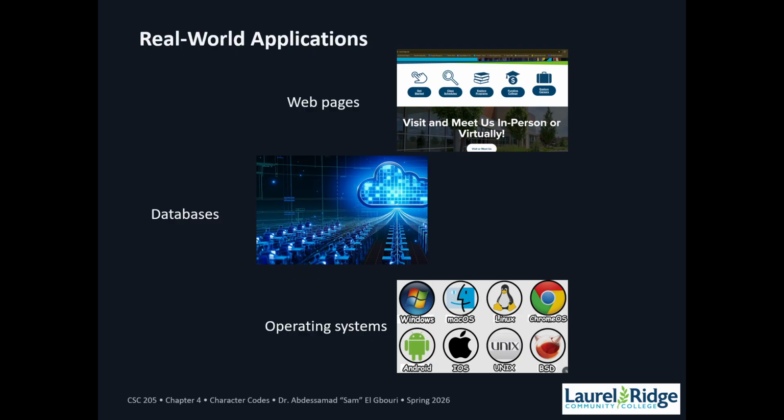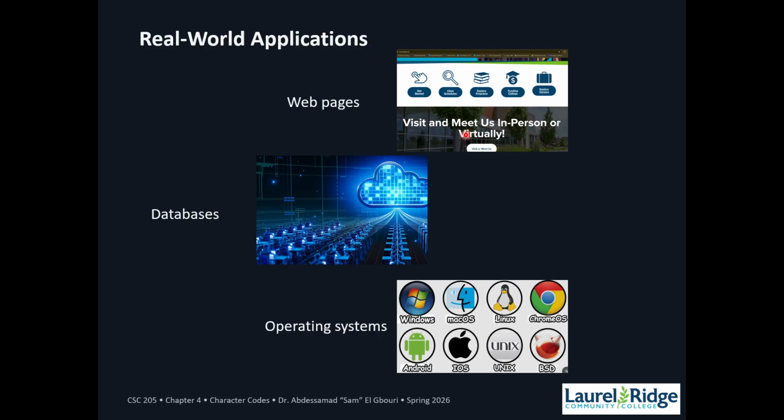For real-world applications, take web pages like this one. Everything in the page is represented. If it's a letter, or anything else, an address is basically letters, and everything gets converted at the end.